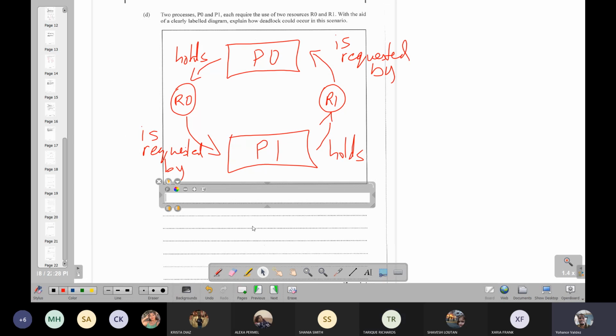All right. So let's discuss how the deadlock occurs. In this scenario, P1 holds the resource R1 and P0 holds the resource R0.